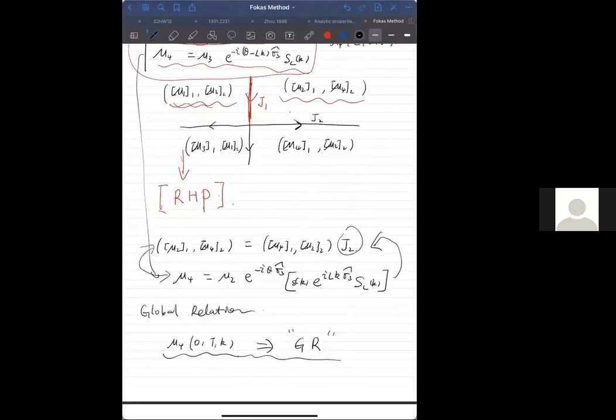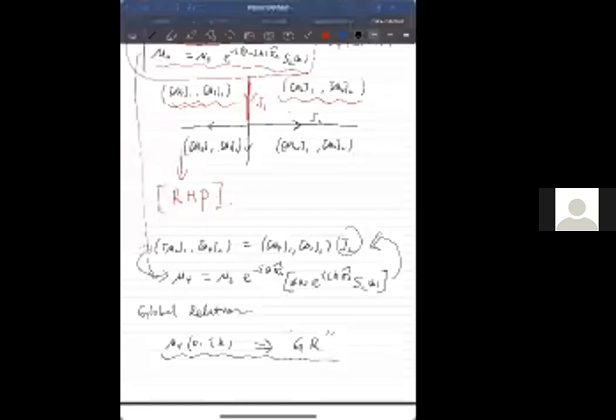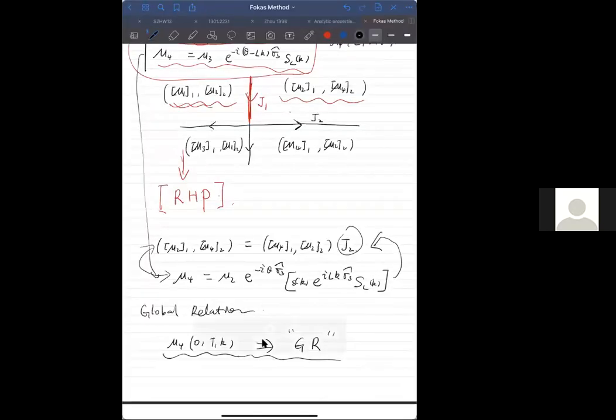But in the Fokas method, through the analysis of the global relation, you will see what sufficient conditions, and how many, you need to present the solution by using integral representations. So this is a little bit more general than Fourier transformation.